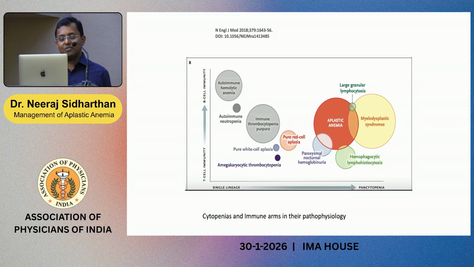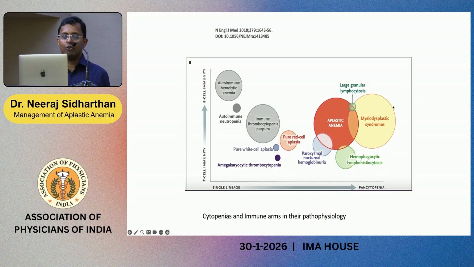So you see aplastic anemia here. We know that it's multi-lineage. So this is single lineage here, and this is multi-lineage here. And here they say, if you have a T cell immunity defect and a B cell immunity defect, going up on the y-axis it's B cell and down on the y-axis is T cell.